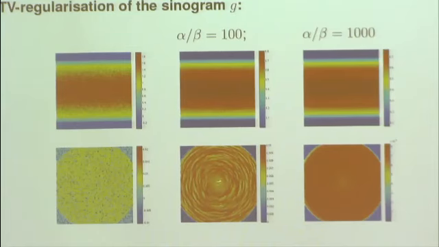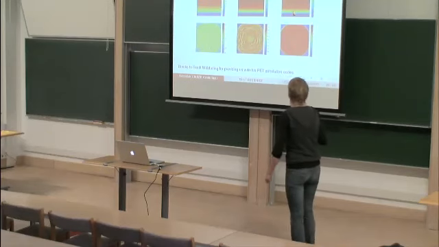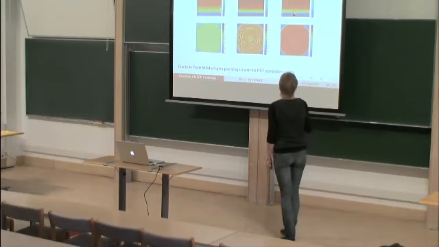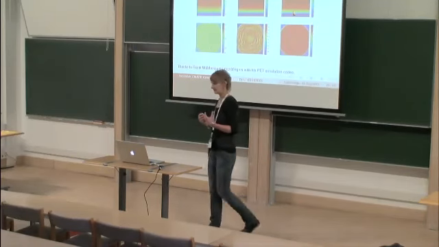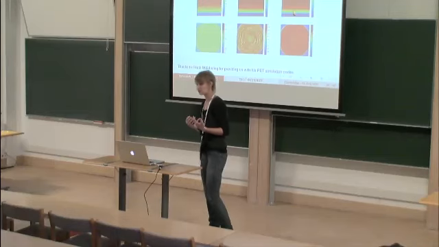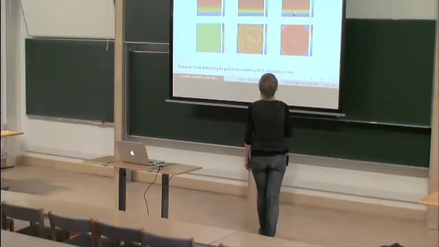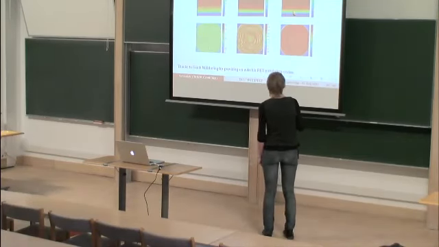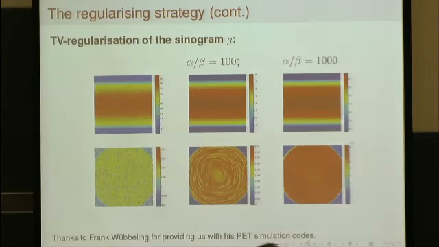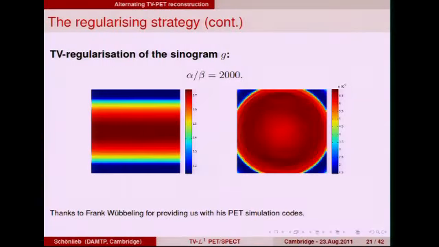So you get these kind of radial lines here, which is of course not what you want. So you regularize more to preserve just the most characteristic edges in your sinogram. You regularize more, you get this kind of result, and you regularize even more, and you get this.